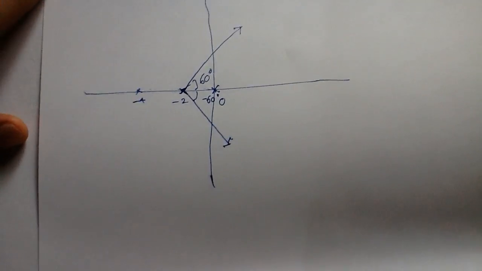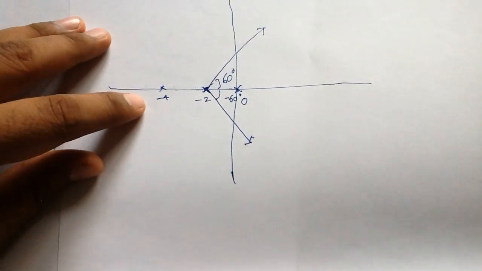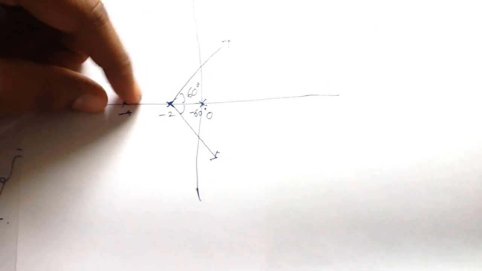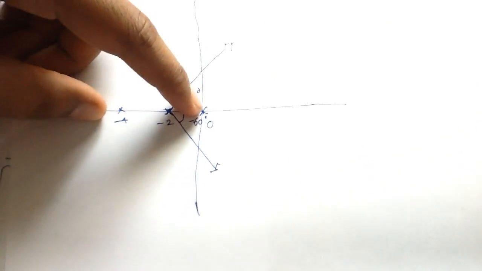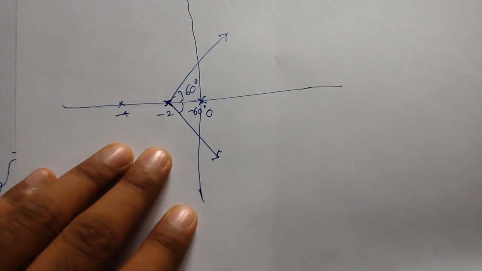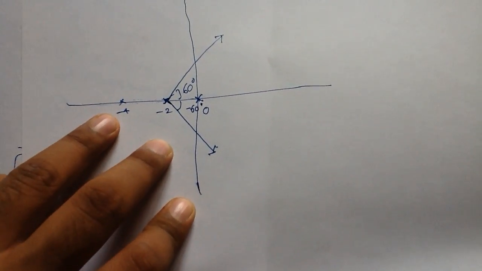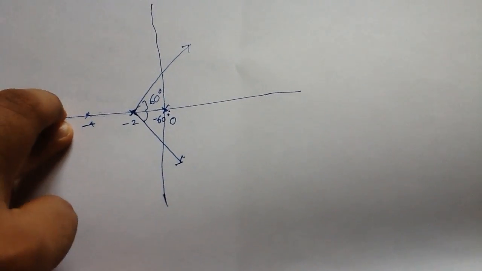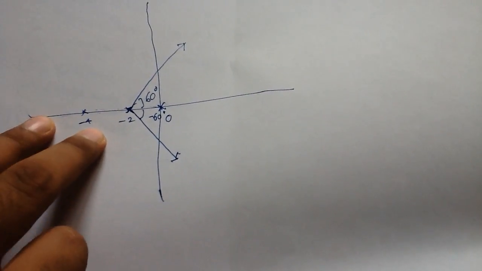So if you're taking the test point as minus 5 or minus 6, then to the right side there are minus 4, minus 2 and 0. There are 3 poles. So the number of zeros and poles is odd. So if the number of zeros and poles is odd to the right side of that particular test point, the real axis is a part of the root locus.